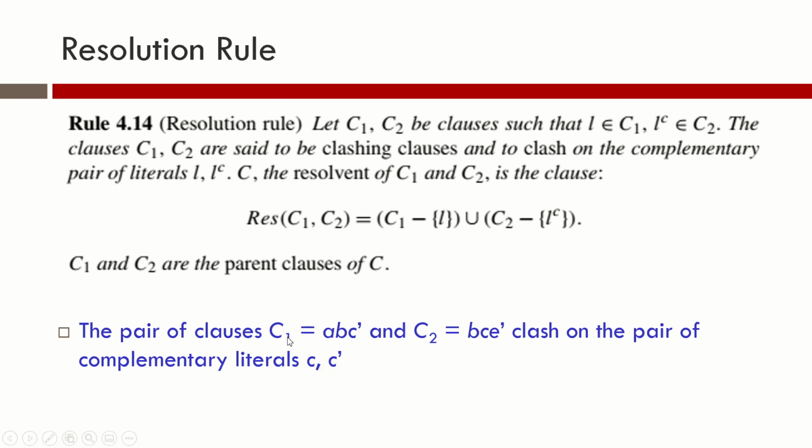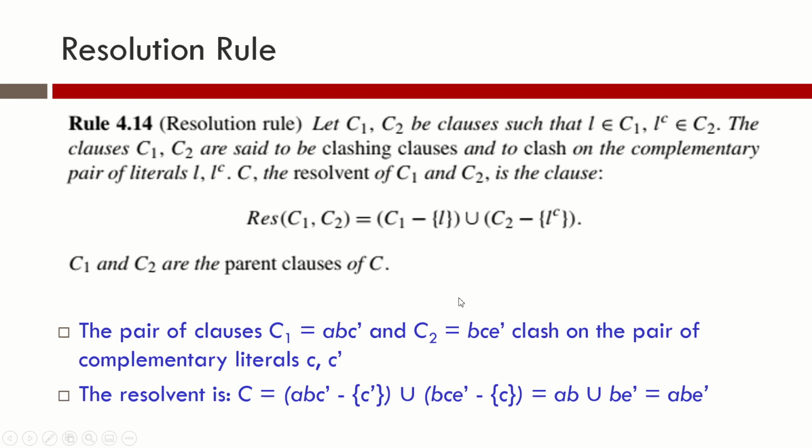The resolvent of C1, C2 will be, from A, B, C complement you remove C complement, and from B, C, E complement you remove C and take the union. So that will be A, B and E complement.